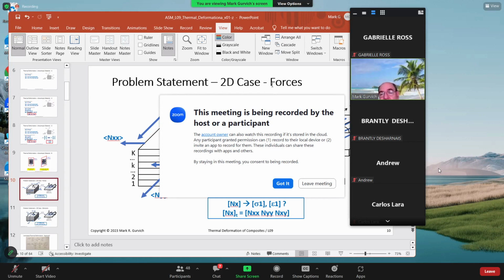In the two-dimensional loading case, we also have applied forces per unit length: n sub xx, n sub yy, and the shear component n sub xy. This is exactly the same as in the stiffness analysis. However, the difference is that we will also have a different thermal expansion coefficient for each layer, and a delta T, by which the entire package will expand as a function of the applied thermal load.